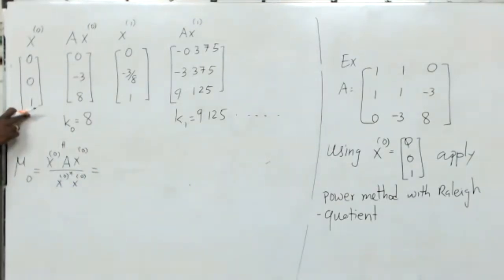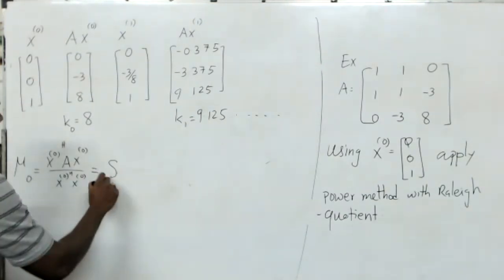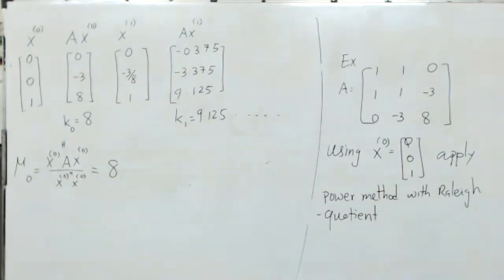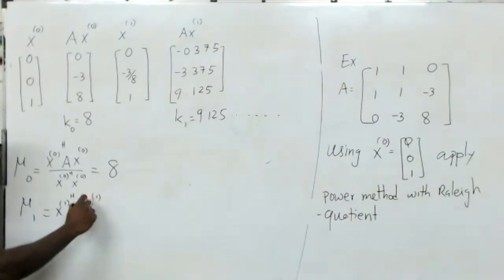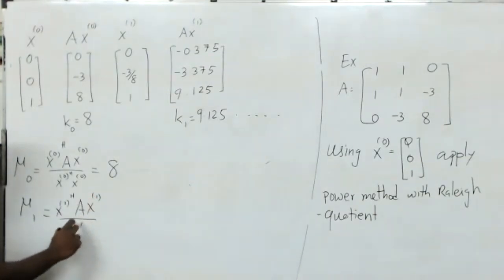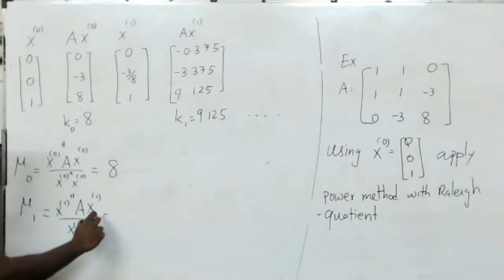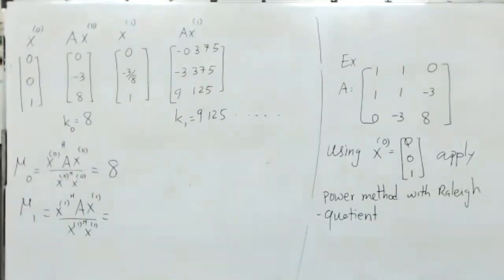You know x naught and you know A, so you can compute x naught Hermitian A x naught separately, and then x naught Hermitian x naught, which is 1 in this case. When you compute this, you get 8. Similarly, you can compute mu1, which is x1 Hermitian A x1 divided by x1 Hermitian x1. You have x1 already computed, and you know A, so you can do the computation.